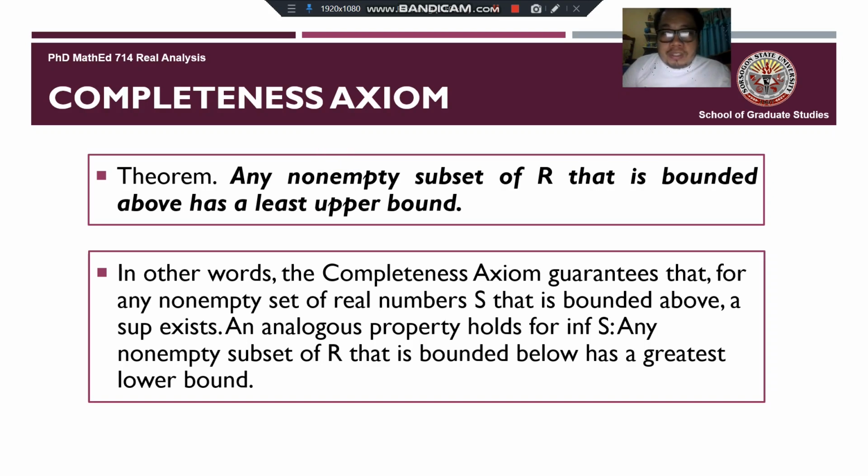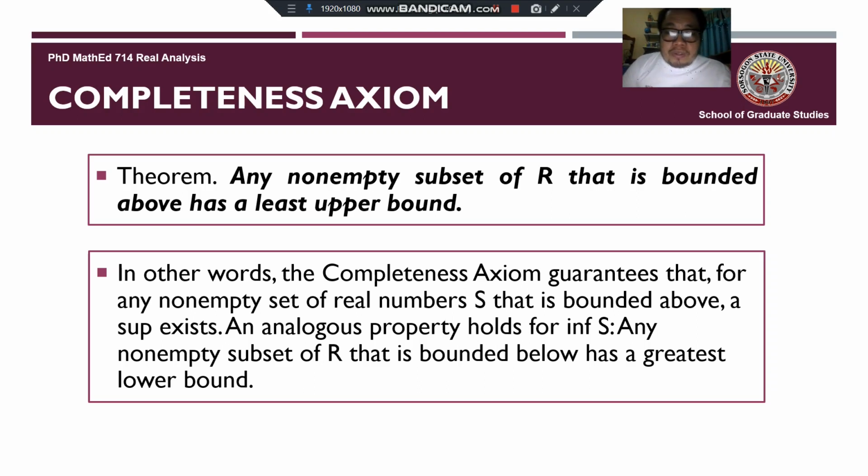This is one of the statements that we have encountered a while ago, as one of the observations on the given examples, as well as one of the conditions to be satisfied for us to have a supremum. So we cannot have a least upper bound unless it is bounded above.